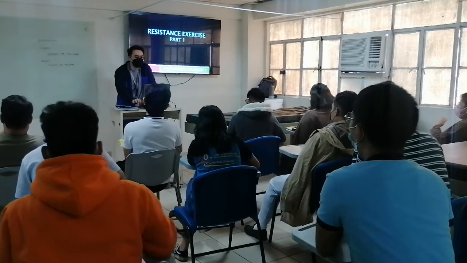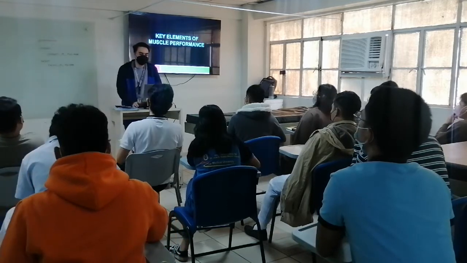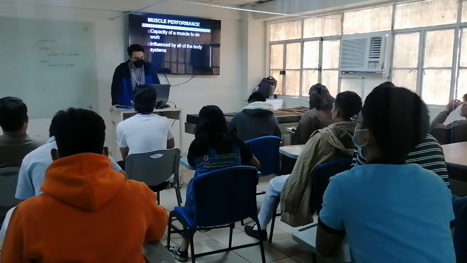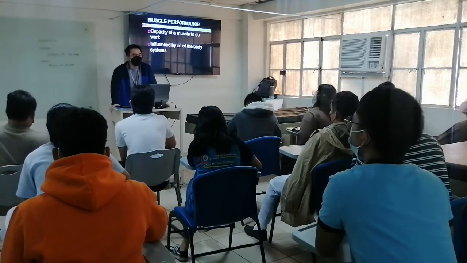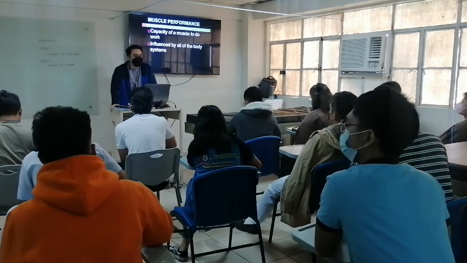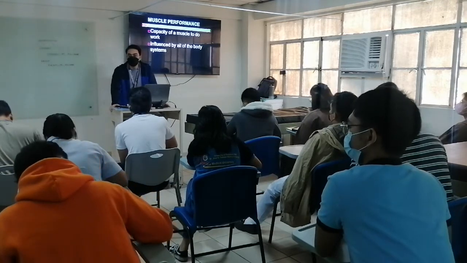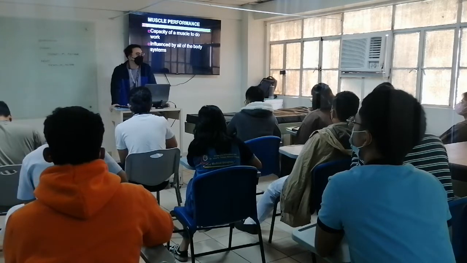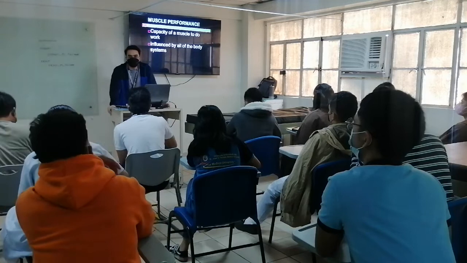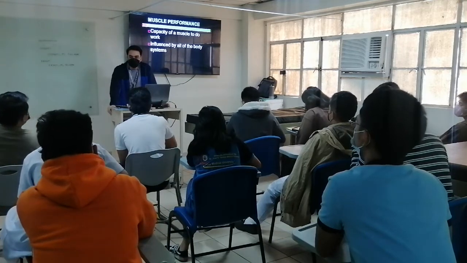Okay? So what are the key elements to muscle performance? Pag sinabi natin muscle performance, it is the capacity of a muscle to do work. It is influenced by all of the body systems. Basically, for you to function normally, at a normal level, all of the body systems should be normal.